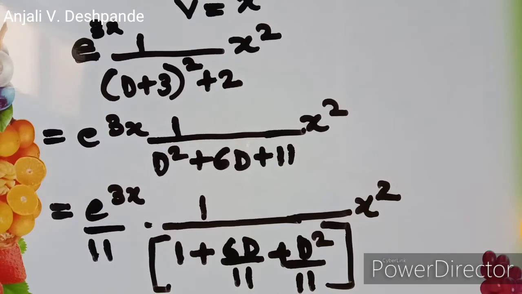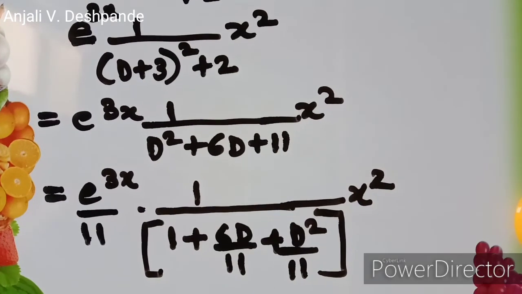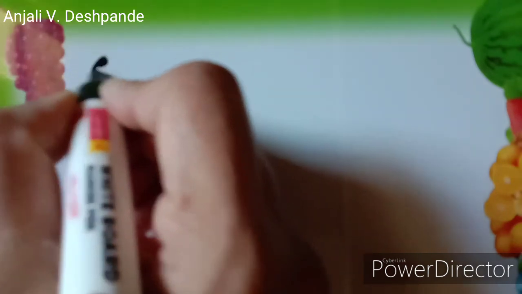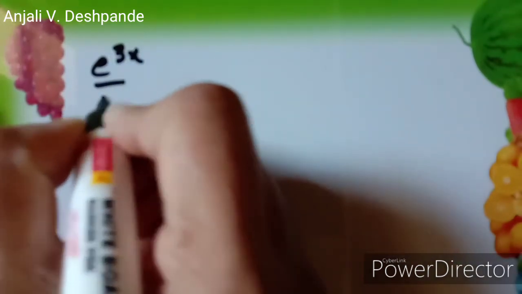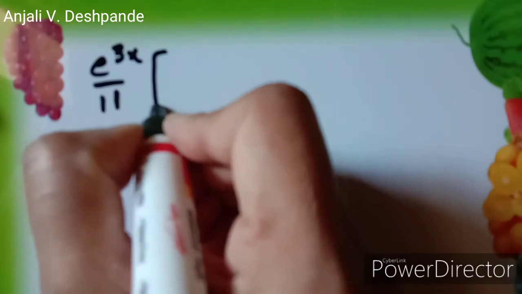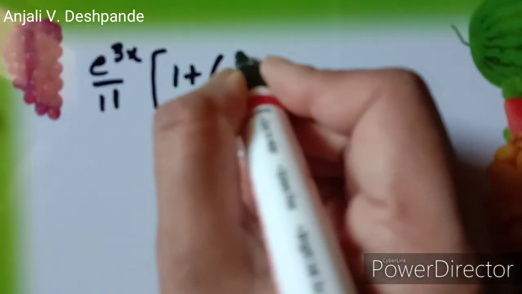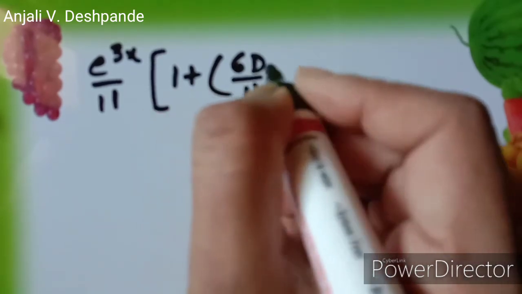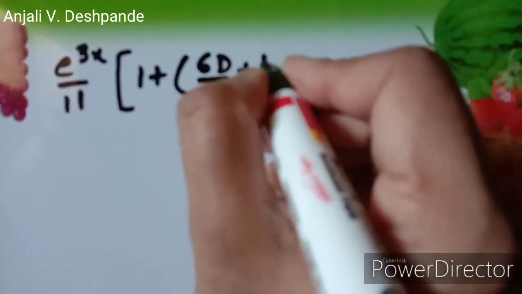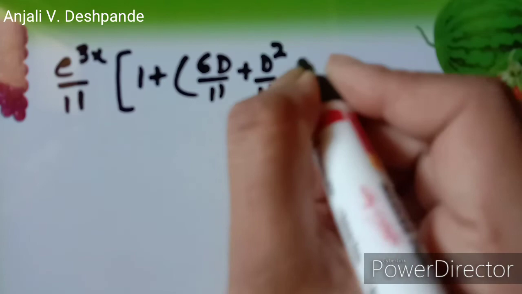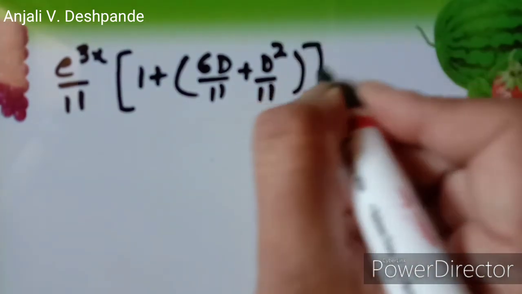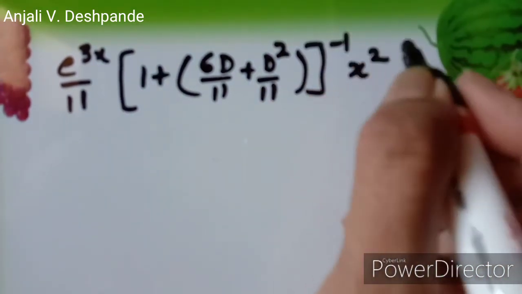This is how we are going to write. Now to continue, we will write this as e raised to 3x divided by 11. Shift the bracket to the numerator, 6D divided by 11 plus D square divided by 11, raised to minus 1, x square.